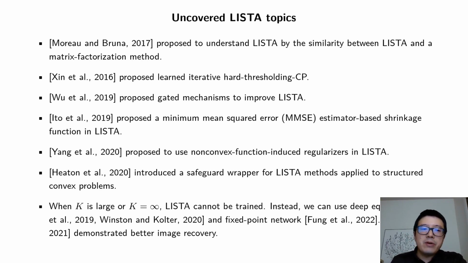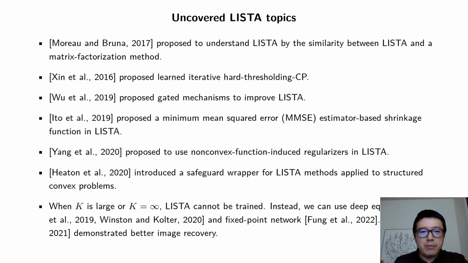And also a very interesting line of work considers K being very large or infinity. In this case, LISTA becomes very difficult to train. You have to do some complicated curriculum training, and you may still not get stable training. So instead, we just look at the fixed point formula, or the equilibrium.